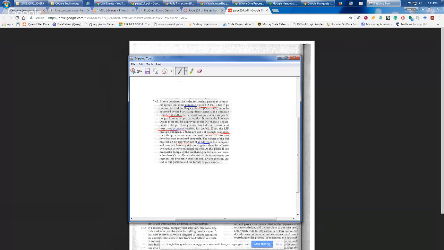Then for actions, I would probably circle the actions. The actions could be, we can issue a purchase order. So purchase is an action.